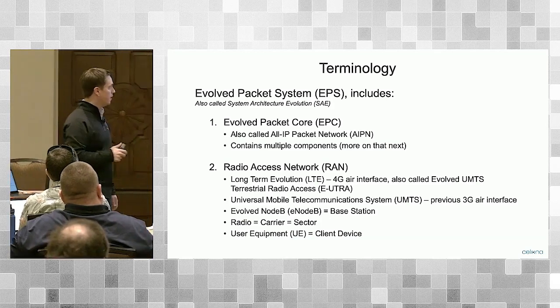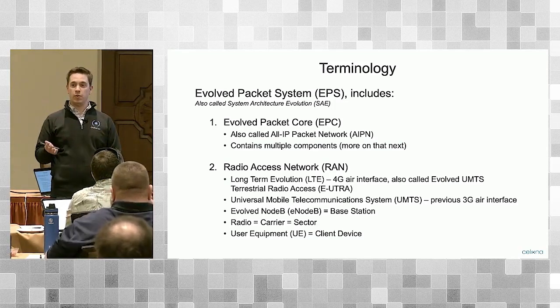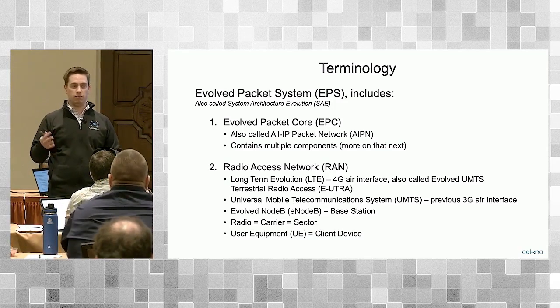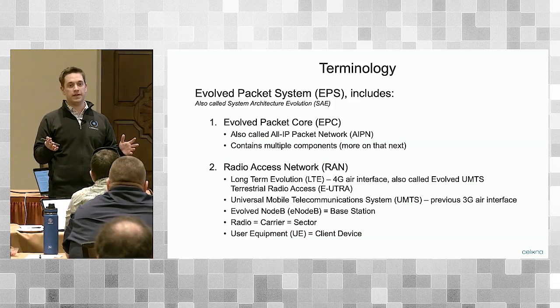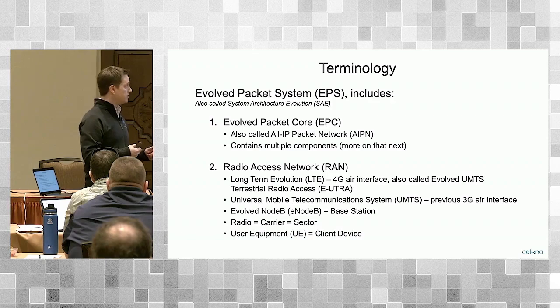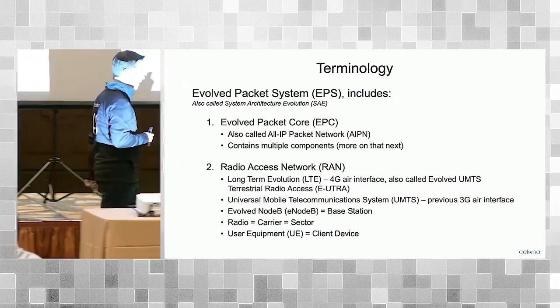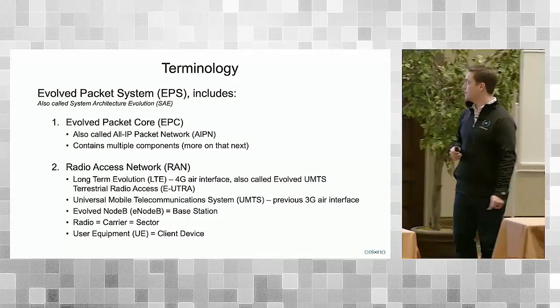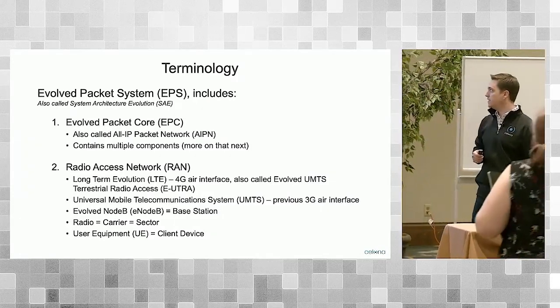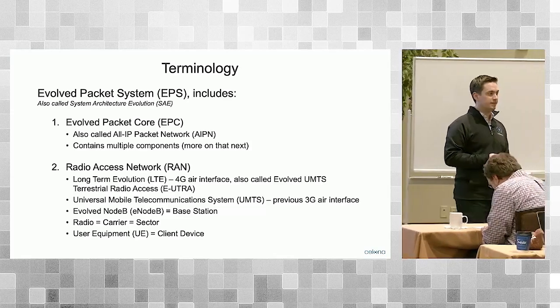The radio access network, long-term evolution, this is how we reference it generically for cellular, but it actually is very specifically referencing the air interface. So LTE is the 4G air interface, and that also has another term that means exactly the same thing, which is Evolved UMTS Terrestrial Radio Access, or EUTRA.